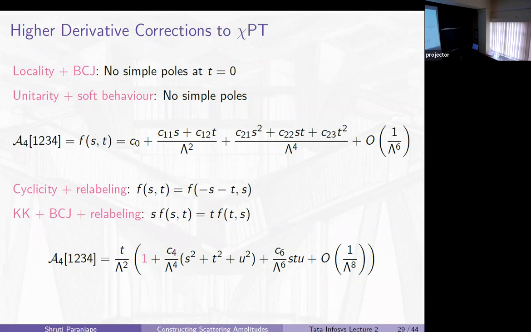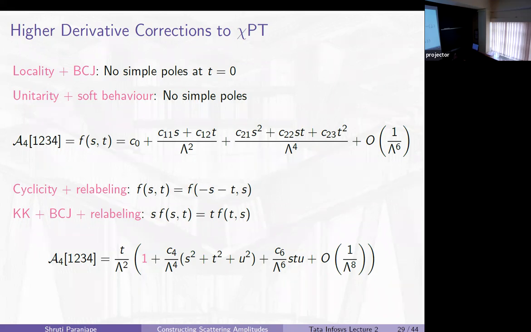So these are simple poles in a particular order. That's right, in this one. Obviously, once you do the relabeling, you'll have a simple pole in T, you won't have one in S or whatever, depending on which relabeling you did.